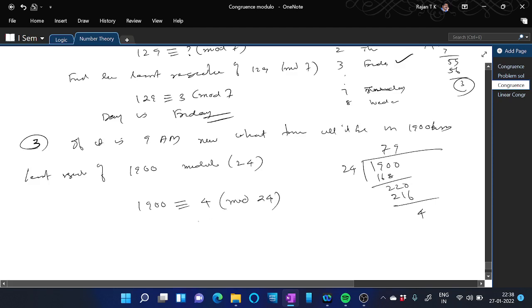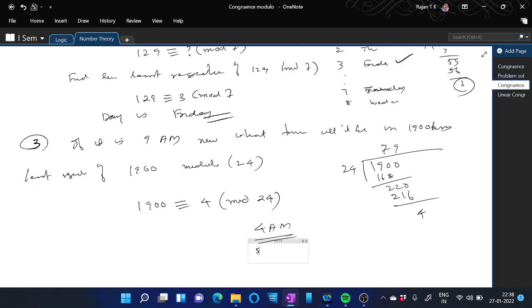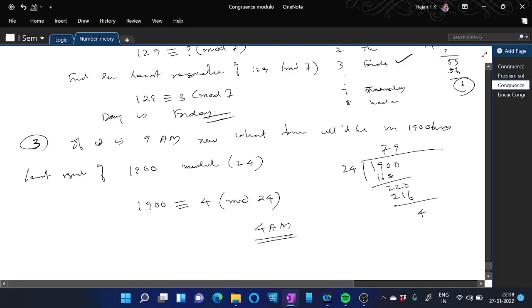And therefore, now it is 9 a.m. So 1900 congruent to 4 mod 24 means the time is 4 a.m. Suppose on division by 24 we get the remainder 21.